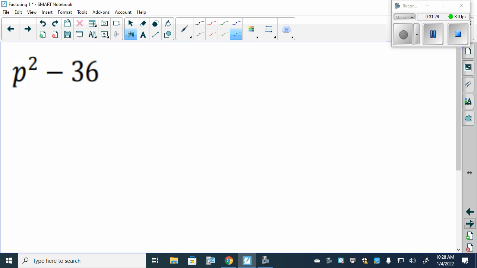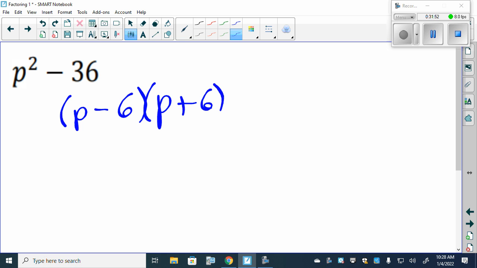We're going to stop there because this here is technically considered one of our special factors. Do y'all remember how this would factor down? Well, this here is a difference of perfect squares. So it would be p minus 6 and p plus 6. And we'll go over that more on Thursday when we deal back into difference of perfect squares.